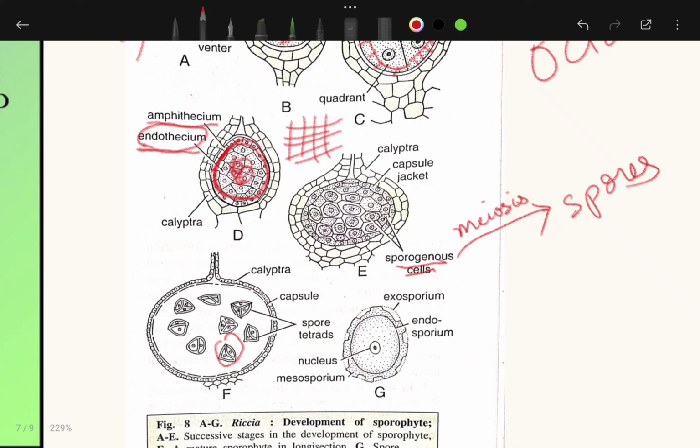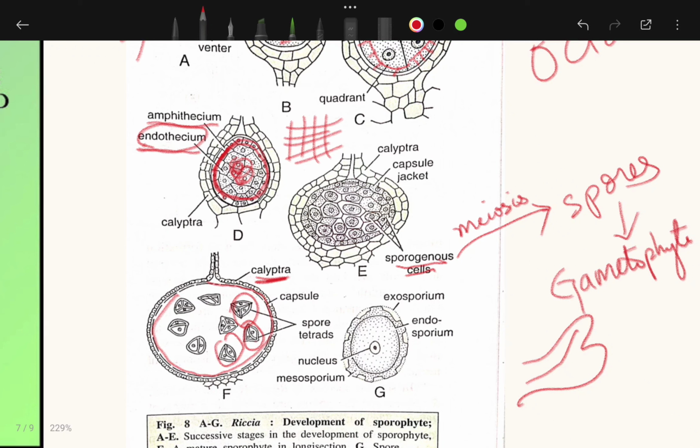The spores that you can see here are covered by a single layered capsule wall, and the outer covering is known as the calyptra. Each of these spores will germinate and give rise to the gametophyte plant body.